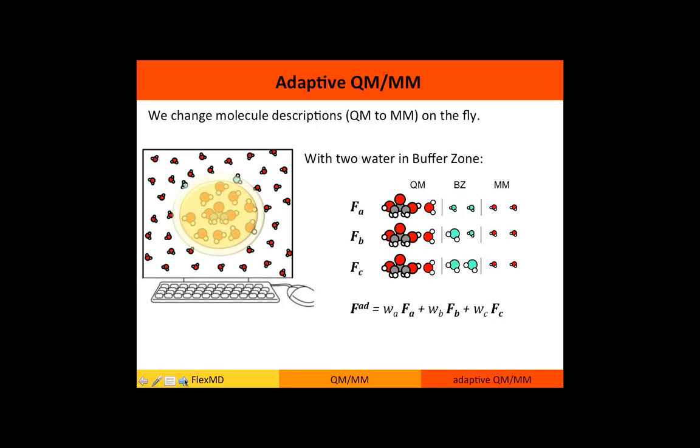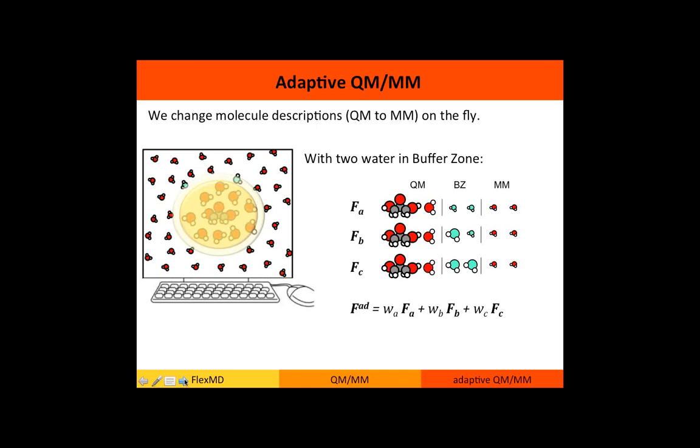Okay, so let's go to the slightly more complex situation where we have two water molecules inside the buffer zone, so two green water molecules. Because we have to account for the fact that these two water molecules have different QM character, we have to do three calculations now. Two is no longer enough. The first calculation treats those two water molecules MM. The second calculation treats only one of those water molecules QM, and as you might expect, it is the one that is closest to the QM region, so has the most QM character.